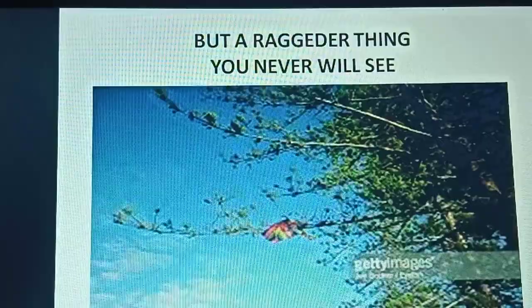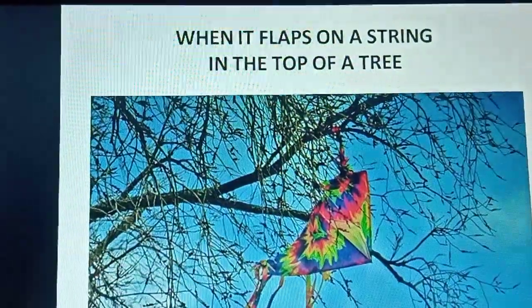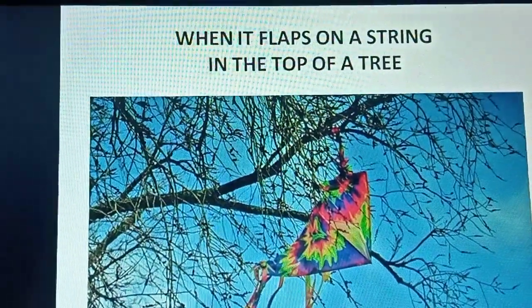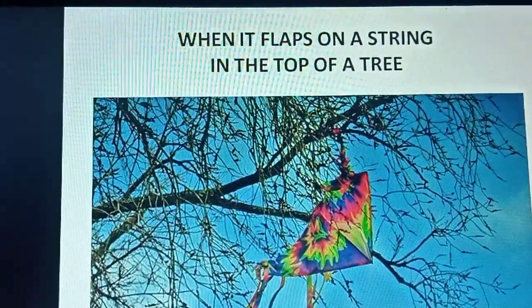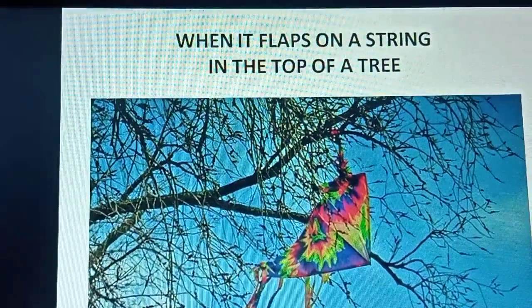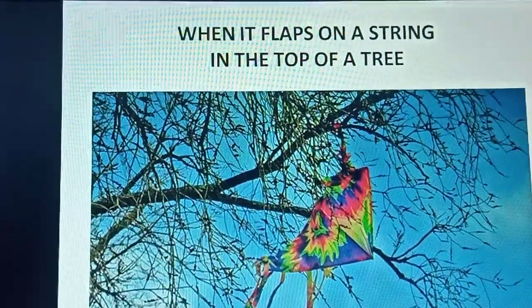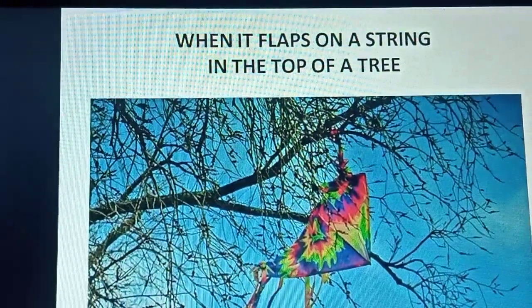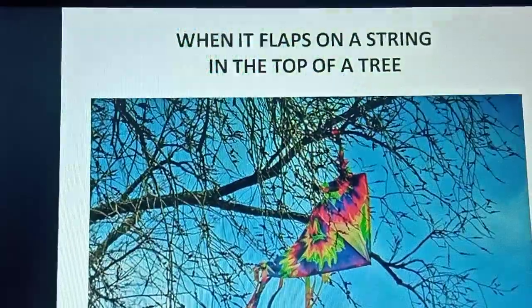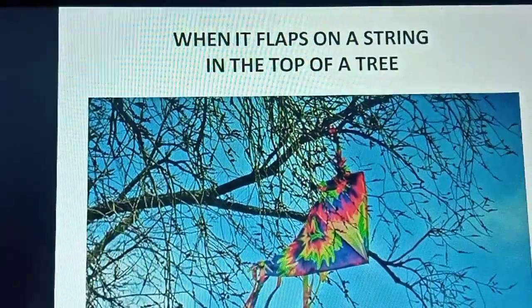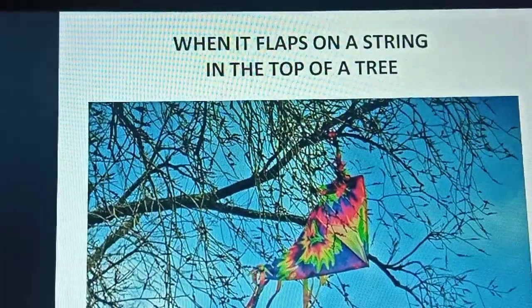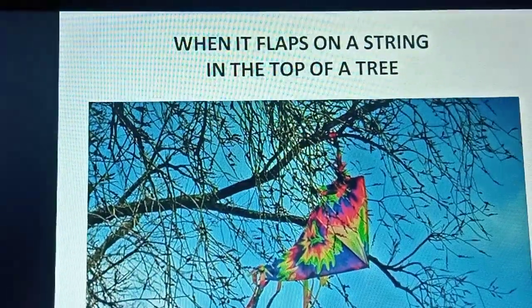Yes, but a raggeder thing you will never see is when it flaps on a string at the top of a tree. When it gets stuck to the tree, you will never get back your kite. When it is at the top of a tree, you can only see how it flaps its wings.